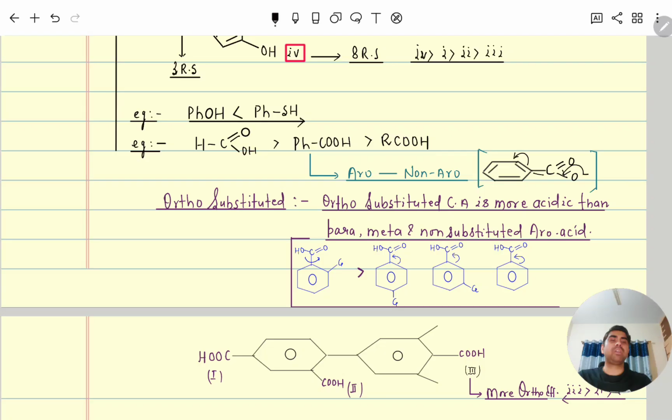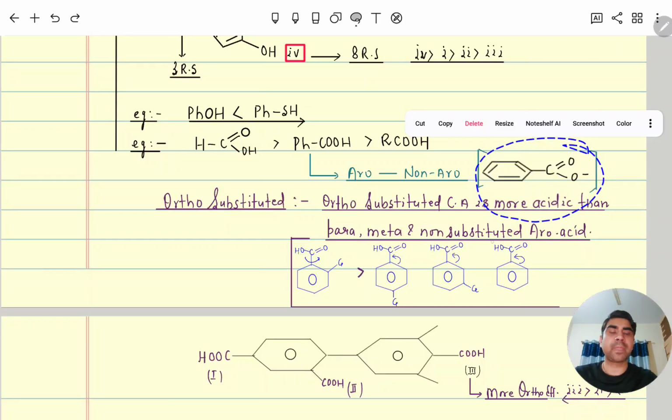Due to that, the aromaticity will break. As the aromaticity breaks, that resonating structure is very unstable, and due to that its overall resonance hybrid will be unstable. As its resonance hybrid will be unstable, the acidic strength will be less.